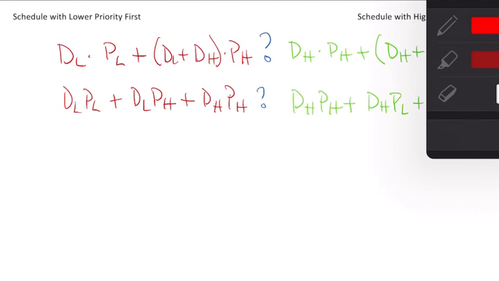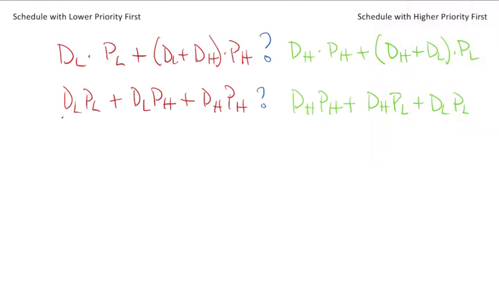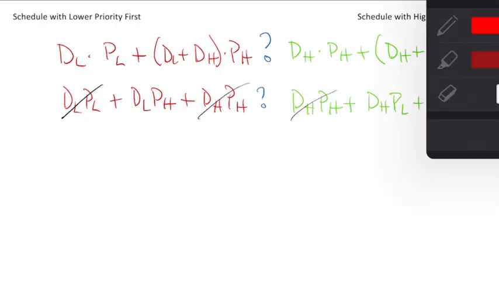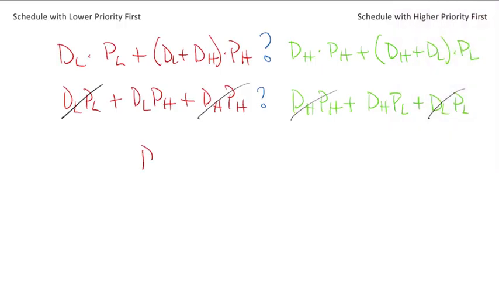As you can see, I can cross some terms out here, so I have a DL PL on both sides, and I have a DH PH on both sides. So really what this comes down to is what's bigger out of these two, DL PH versus DH PL.